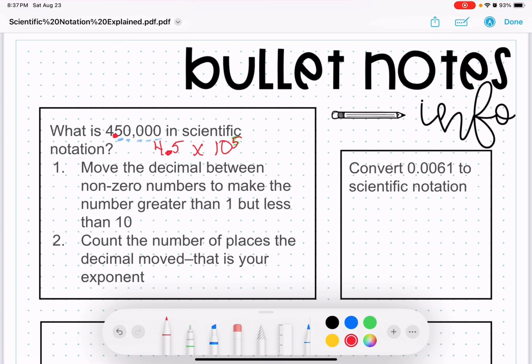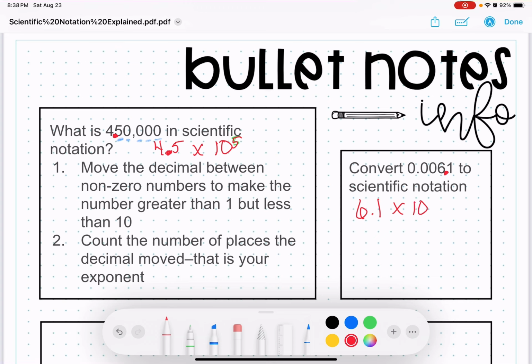So let's see what happens when we have a decimal. We're going to convert 0.0061 to scientific notation. So again, we have to first get our coefficient. Our coefficient is a number that is greater than or equal to 1 and less than 10. So we're going to put it between those two numbers, and that's going to be 6.1 times, our base is always going to be 10.